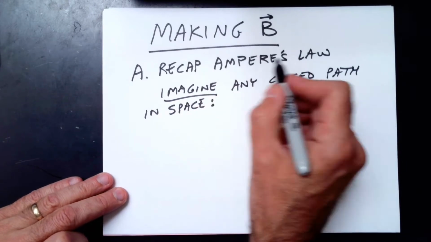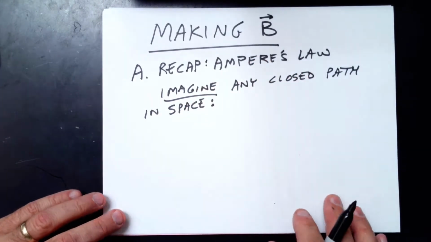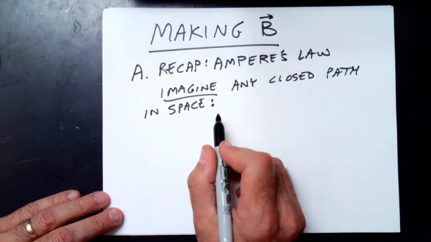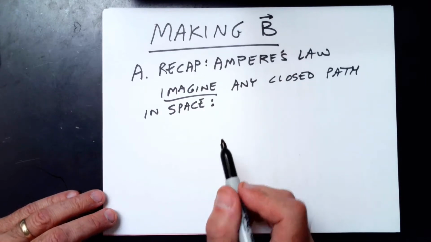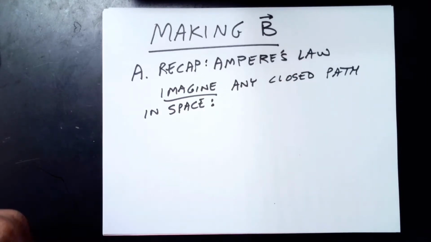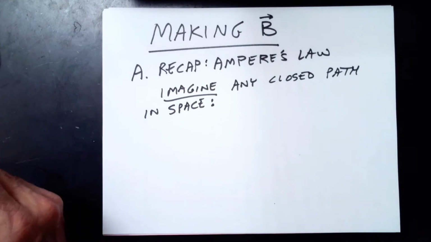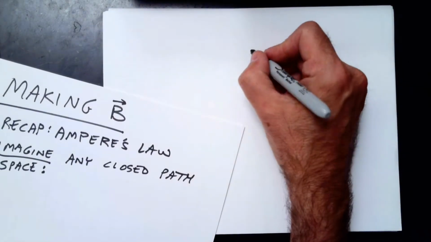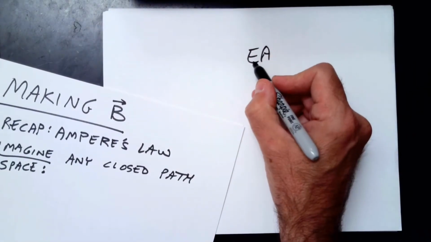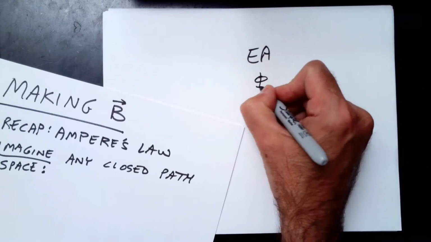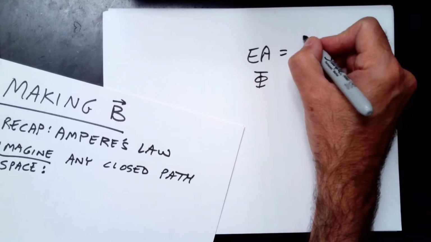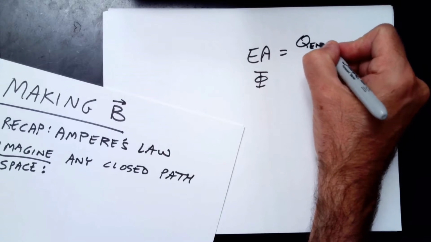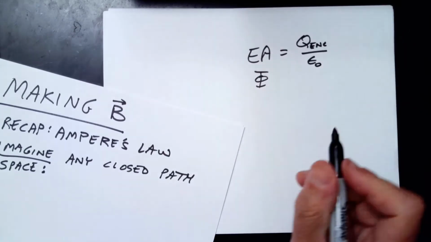And quick recap just of Ampere's law, not of everything we did yesterday, but just of Ampere's law as a way to find the strength of this force. Ampere's law is similar to Gauss's law for electric fields. And if you remember, Gauss's law for electric fields basically boiled down to electric field times an area, another name for that is flux, equaled the charge enclosed by that area with a constant to make the units turn out right.